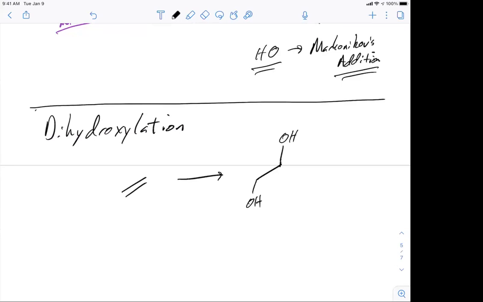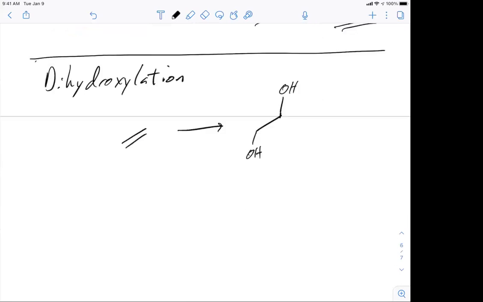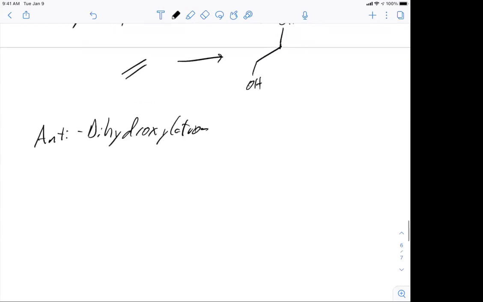All right, so if we look at this one, we have two possibilities, or two things we need to look at. One is anti-dihydroxylation, and the other one will be syn dihydroxylation. For the anti, the first thing we're going to do is create an epoxide.